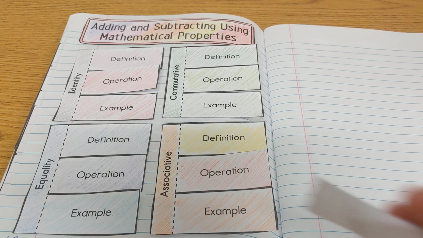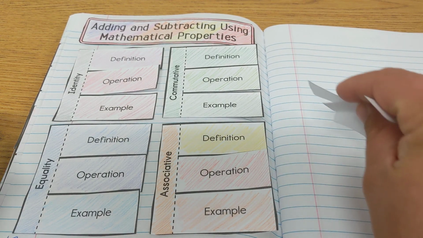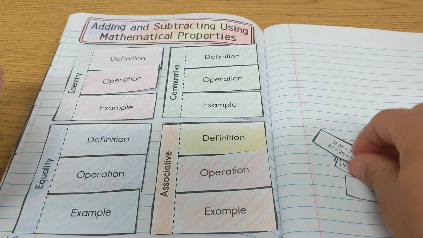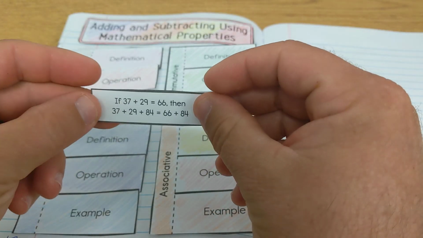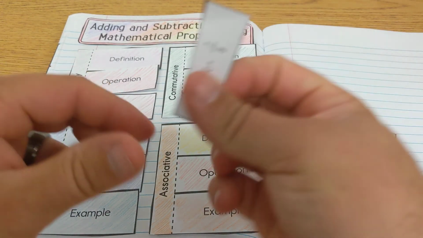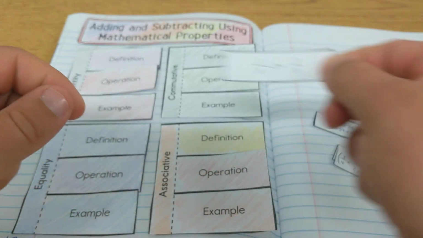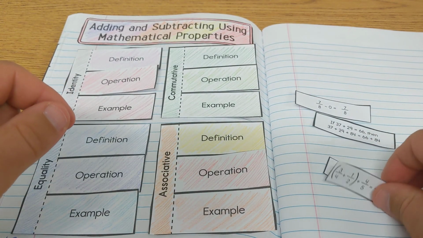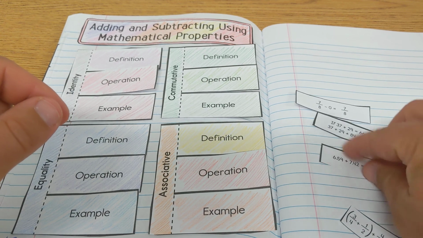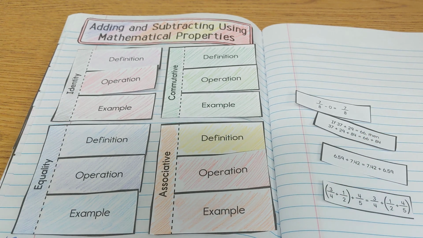Okay, so now I've got them glued in. Okay, now I have my examples. All right, so I'll kind of spread these out over here just a little bit. Okay, now what you need to do is, and guys, if you can't print it out, that's perfectly fine.